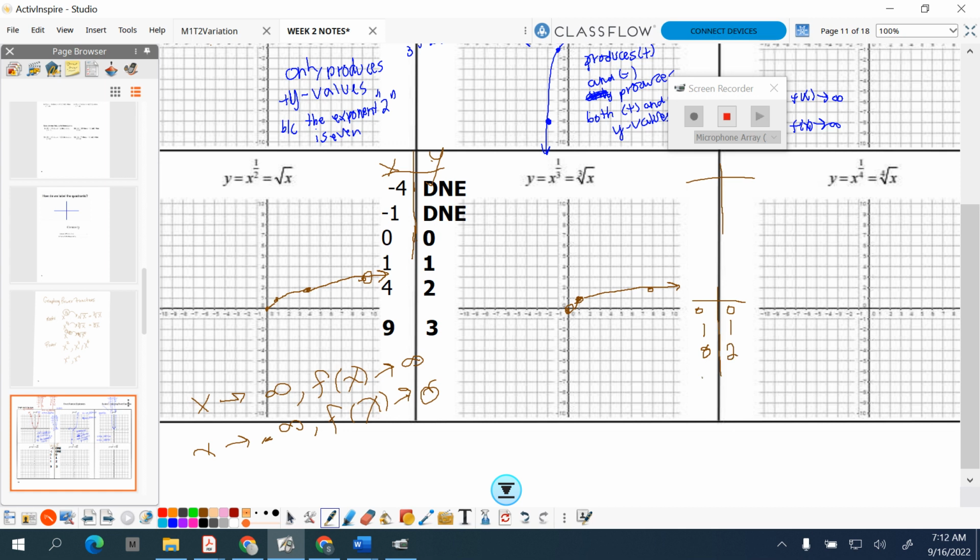Let's go backwards. Let's do -1. So cube root of -1 is just going to be -1. And so we actually can have negative values and negative ordered pairs for a cube root function. Can't do that for the square root function.